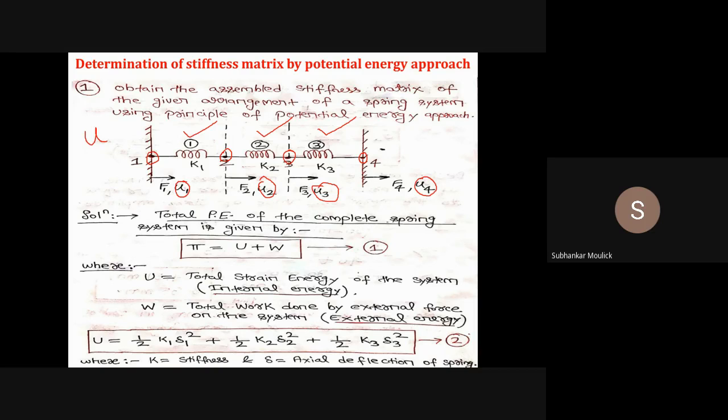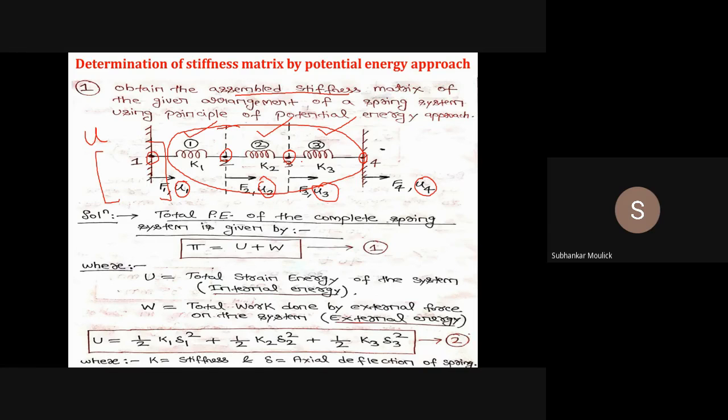Okay. So what do I need to find out? I need to find out the assembled or global stiffness matrix. Global stiffness matrix or assembled stiffness matrix means the entire stiffness matrix for the problem, considering all three elements together. That we need to find out.